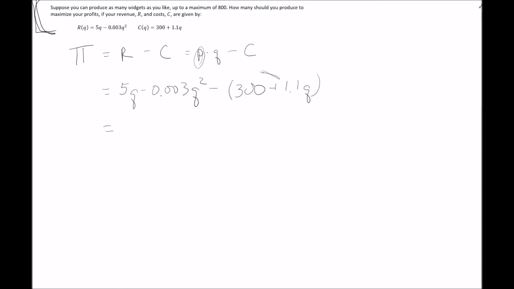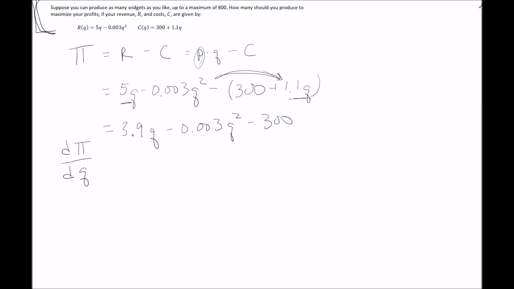Notice that this negative sign will distribute in. So combining the two Q terms, I have 3.9Q minus 0.003Q squared minus 300.